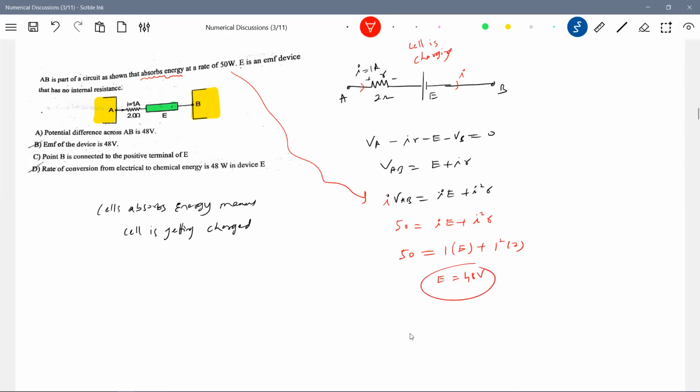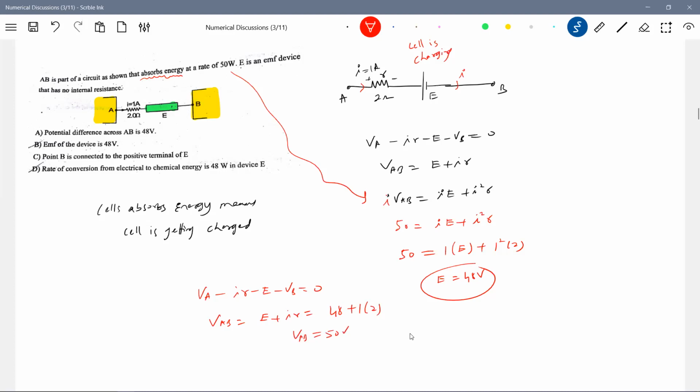EMF of the device 40 volt. The potential difference across AB cannot be 48 volt, no? So VAB we will calculate. VAB equal to E plus IR, 48 plus 1 into 2, 50 volt.